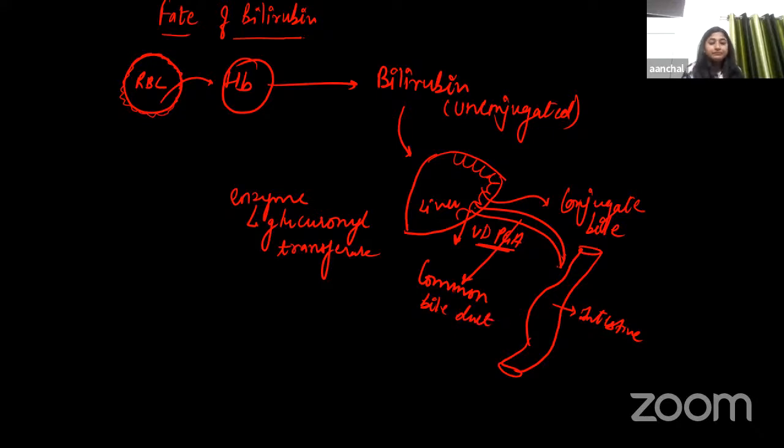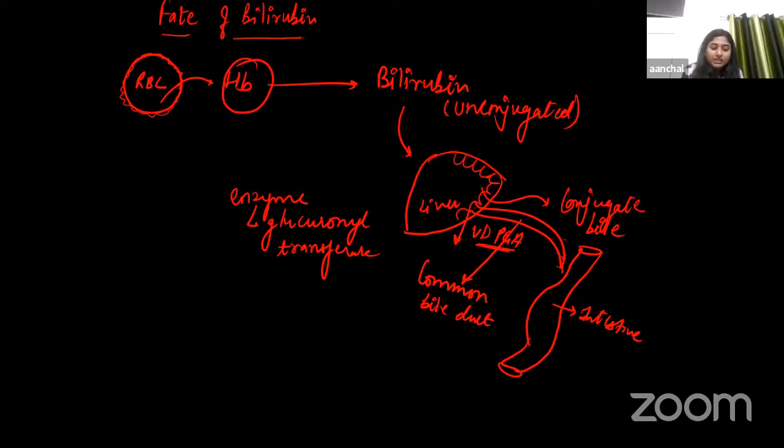Now, what will happen? Whenever there will be excretion of conjugated bilirubin by the hepatic cells into this bile duct, right? And it is an active process. Whenever there will be transport against a concentration gradient into the bile canaliculi, and this is the rate limiting step in the liver for handling of bilirubin, and also it needs energy for this process.